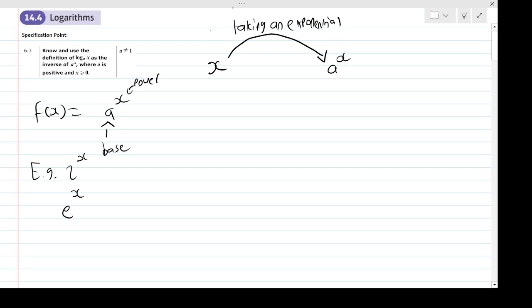That's what exponentials are dealing with, where we have an input x, and x is my power. I raise a number to the power of x. That's what an exponential is doing.